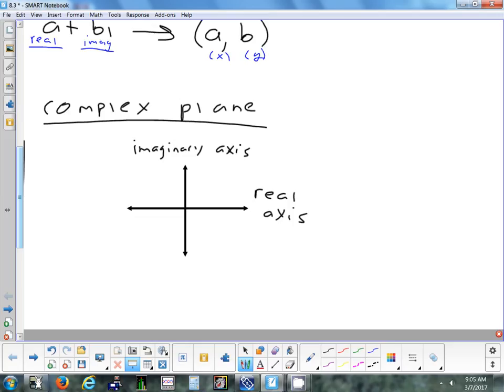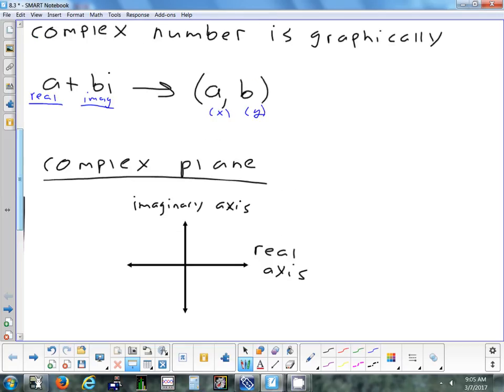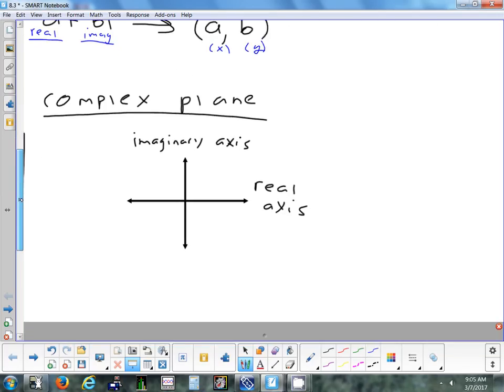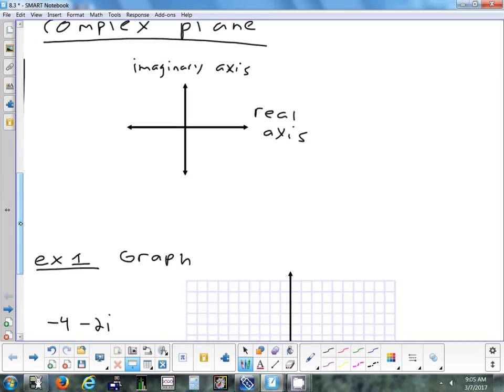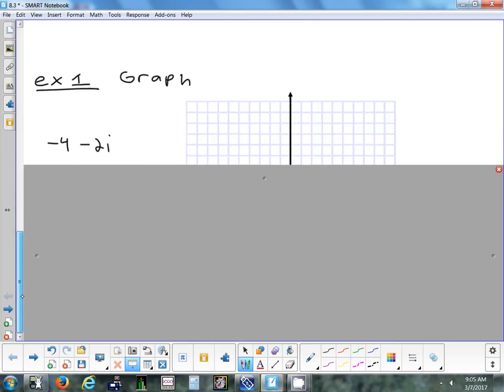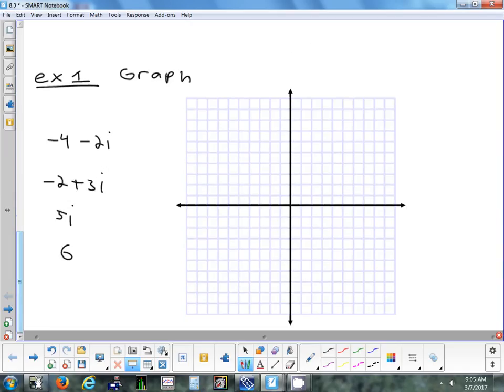All right, so I'm going to give you some imaginary numbers in standard form, and all we're going to do is graph them. So this part, it's pretty straightforward. I'm going to label this real axis, imaginary axis, instead of x and y.